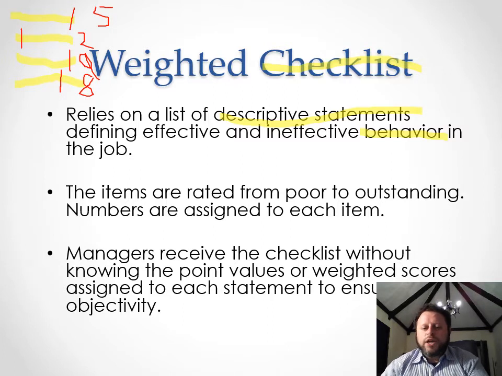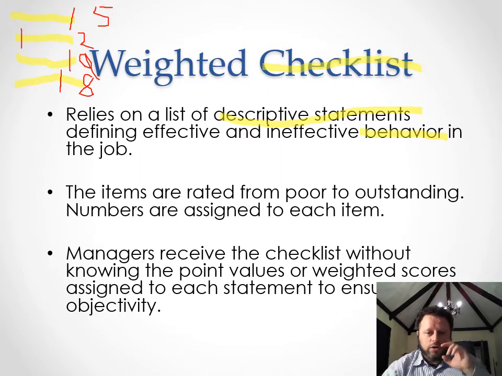So the benefit of this is Eling can judge me without being able to use her power to give me a very good rating, because she doesn't know necessarily what HR considers to be important. So HR makes this checklist. They decide what's rated a 9 out of 10 or what's only rated a 2 out of 10.